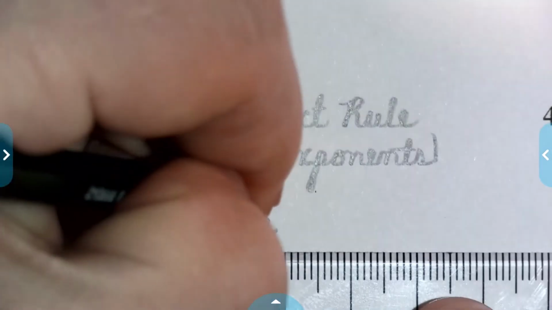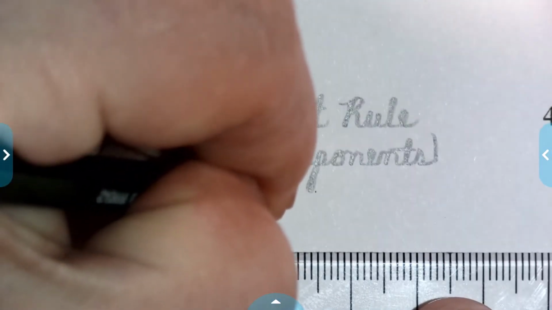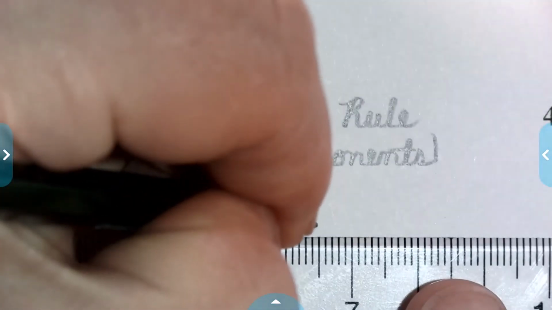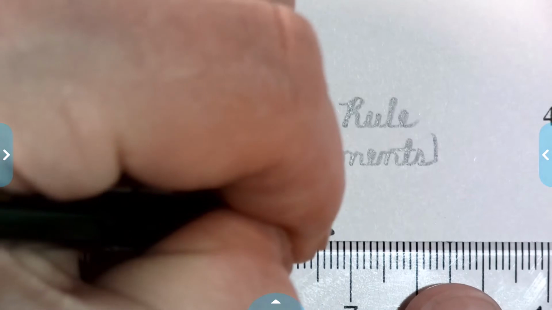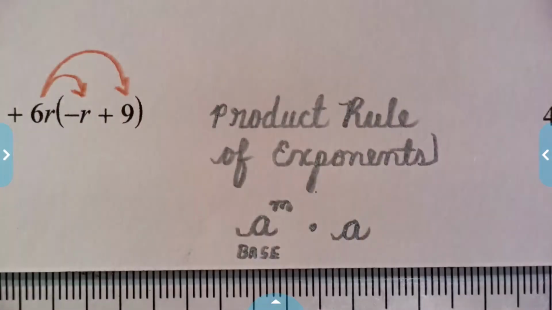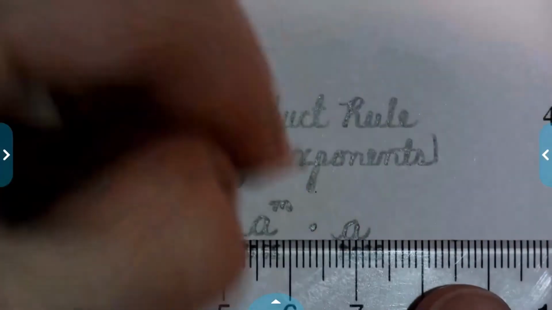If I have a to the m, so that's just some exponent, and I multiply that by some value a, again, a is the base, a to the n.